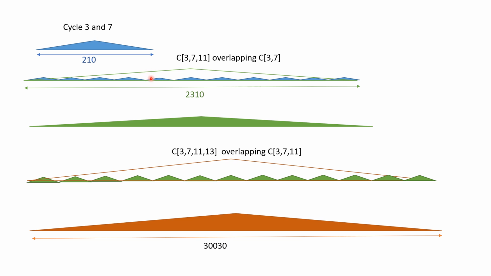And when it combines with the cycle of the prime number 11, we're going to have 11 times this. You see here 1, 2, 3, 4, 5, 6, 7, 8, 9, 10, 11. And we're going to have the middle here, and there's going to be an empty box here in the middle. And we're going to have 11 of them.